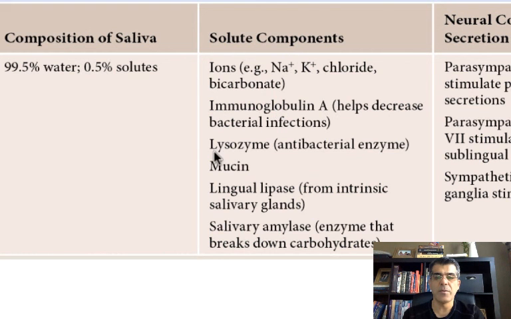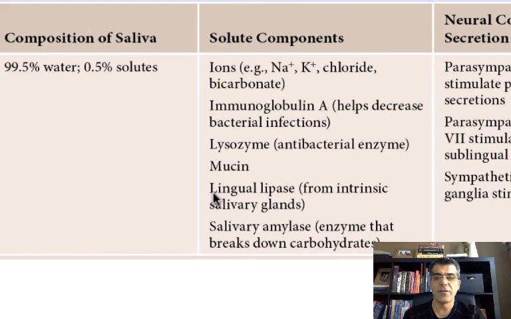The next component of saliva is lysozyme. Lysozyme is an antibacterial enzyme, so that's another way of protection that we have in our saliva. Saliva, of course, is composed of mucin. Remember, when you add mucin to water, it creates mucus for lubrication. But besides ions, antibodies and antibacterial agents, we have some enzymes.